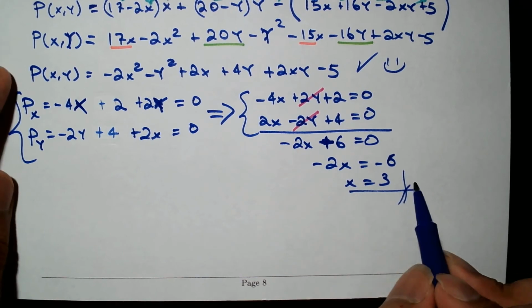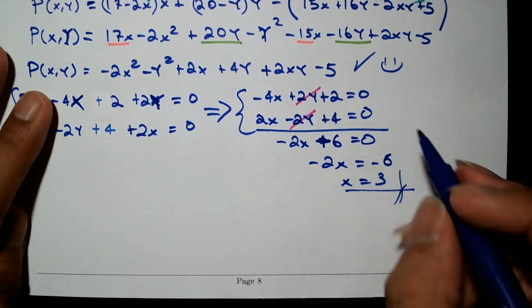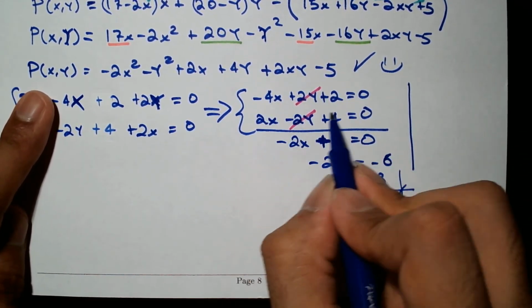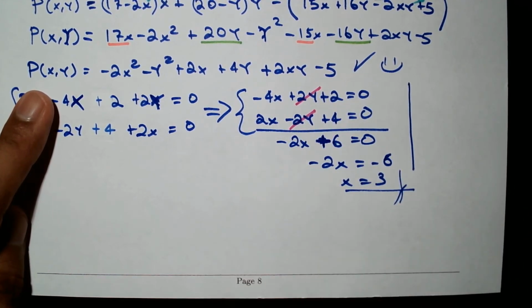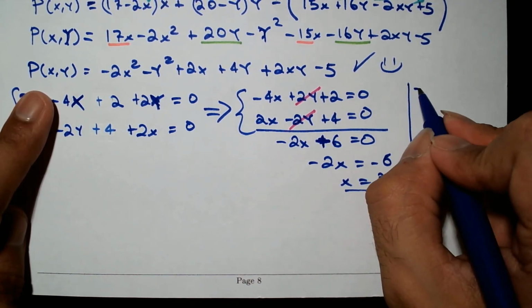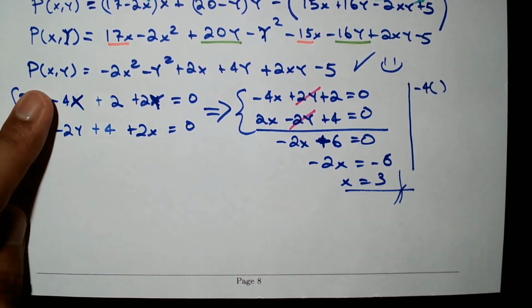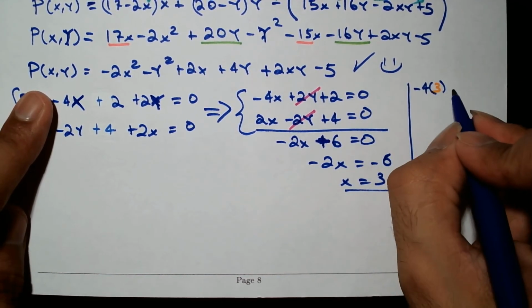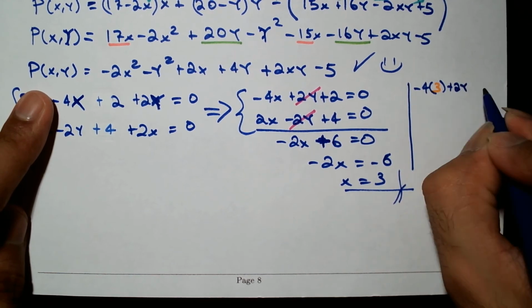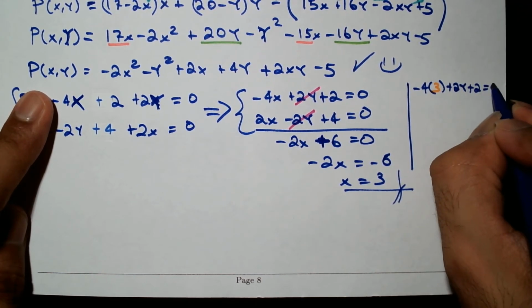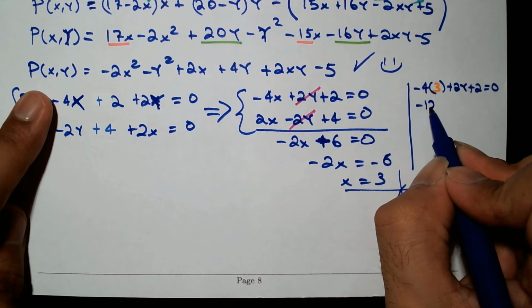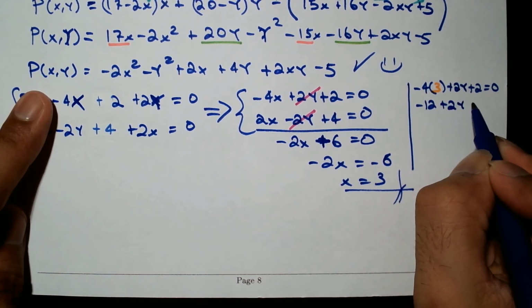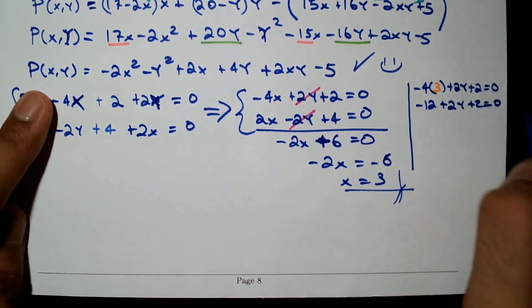All right, so I'm going to use this x equals 3 and plug it in any of these equations. I'm going to use the first equation: negative 4 times 3 plus 2y plus 2 equals 0. That's negative 12 plus 2y plus 2 equals 0.